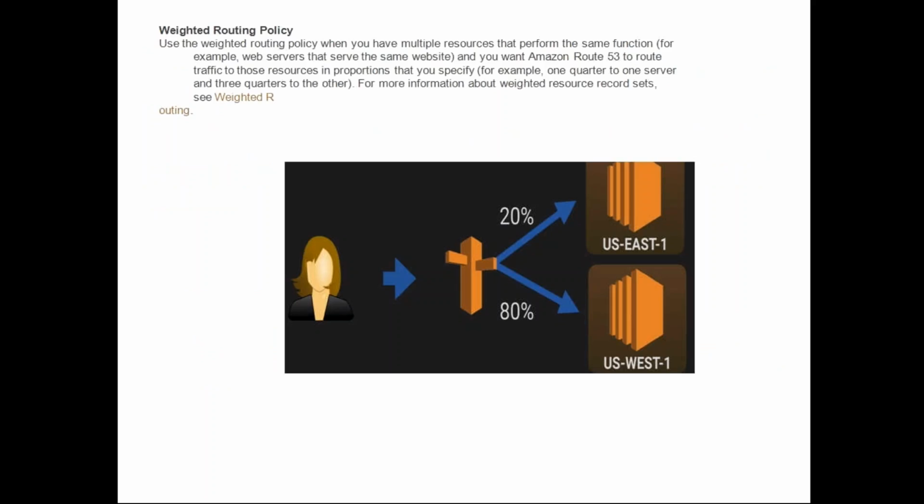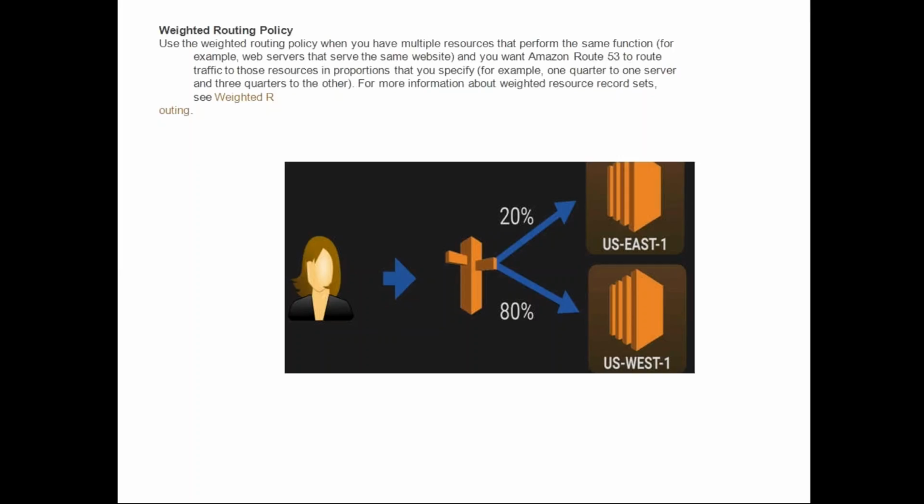Second is weighted routing policy. Why are we doing this? Suppose you have good infrastructure in your US West data center and less infrastructure, or less used instances, on US East, and your website is geographically used across the world.